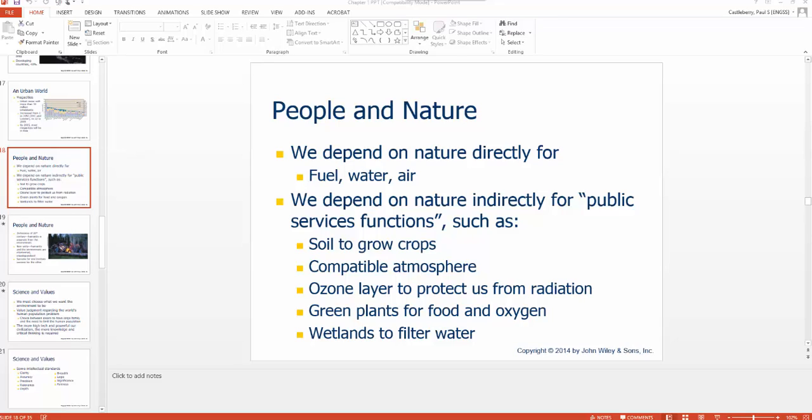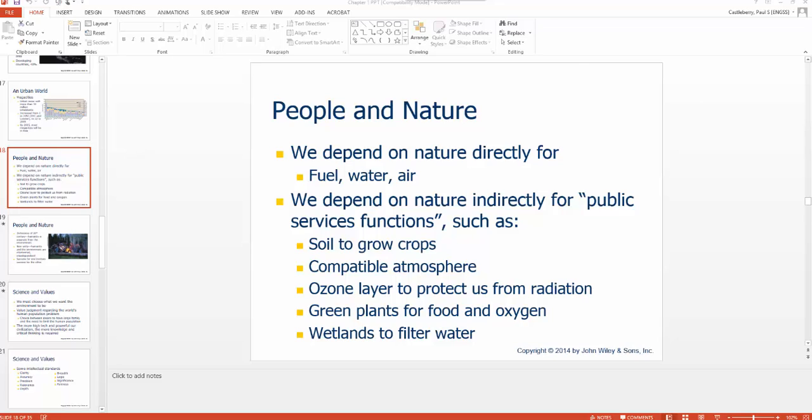However, we know that we depend on nature for many things. Obviously, one of the most important things is air that we breathe, water that we need for our biological functions, fuel that which makes our life more comfortable and bearable. We depend upon nature for things like growing crops, an ozone layer to protect us from radiation, green plants for food and oxygen.